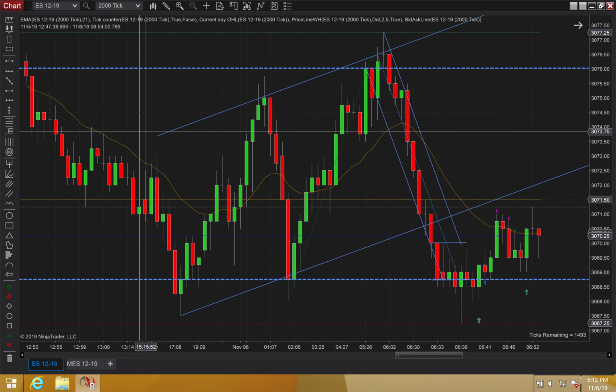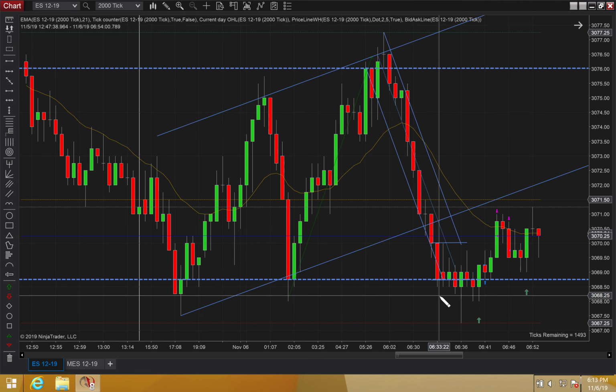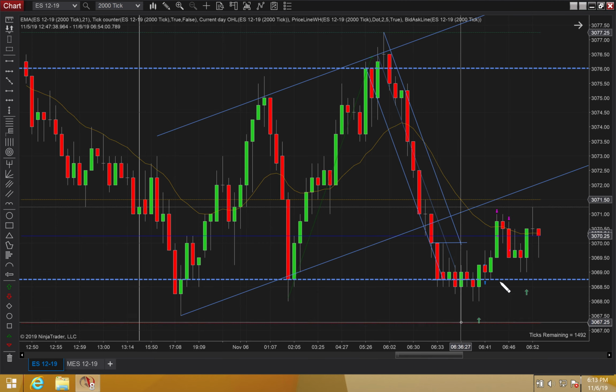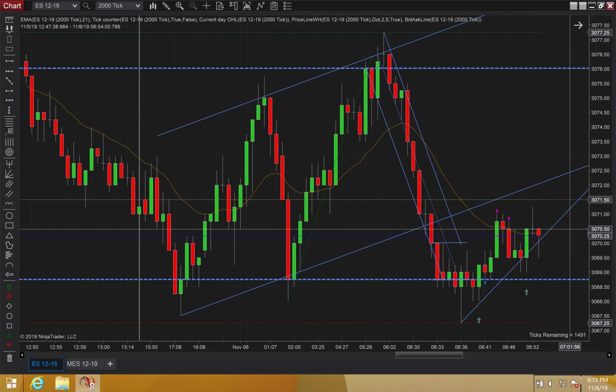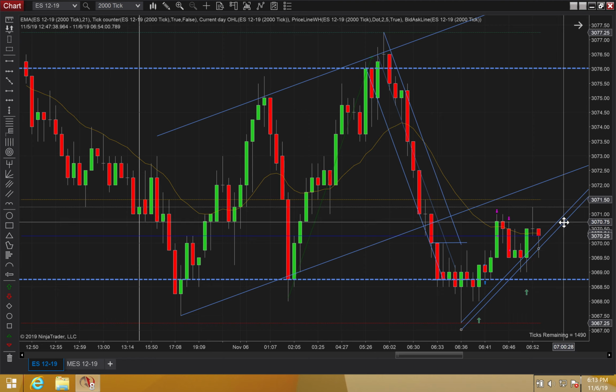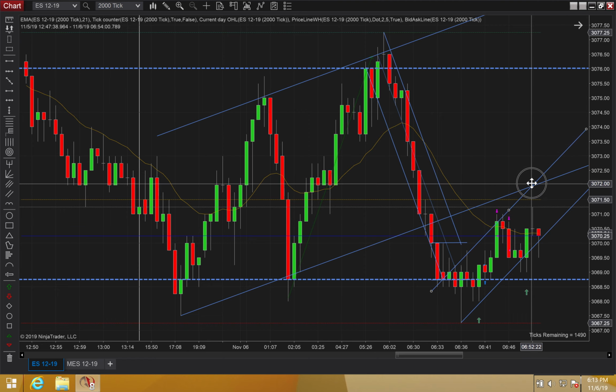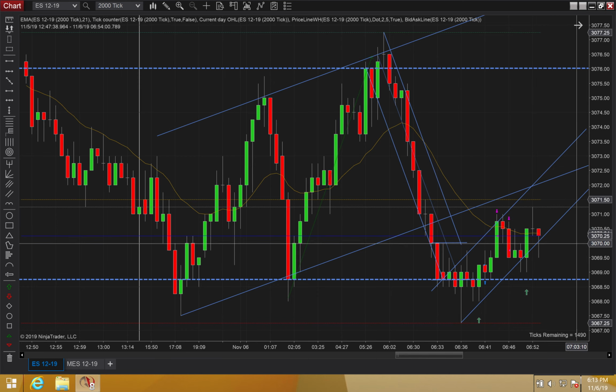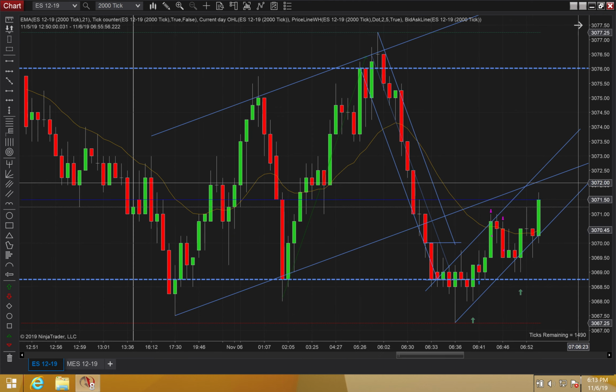Okay, moving on. Spend a little bit on that. Now that we have this reversal pattern, let's go ahead and give it a trend line, something like there. Okay, so now on our way up, we're going to be kind of paying attention to these volleys.